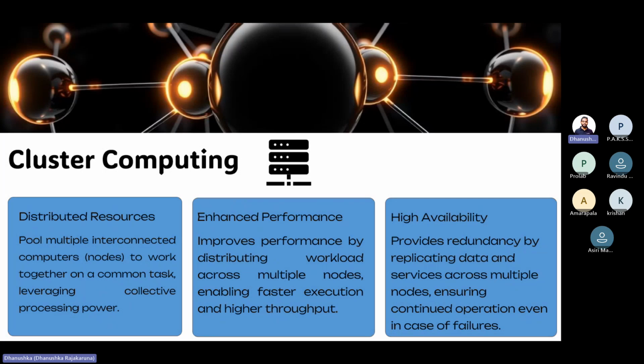Over two clusters, if we need to do something on one cluster, we move all the VMs or all the systems running on cluster A to cluster B, and then we do the maintenance. So any process on cluster A can be done without downtime of the system. How do we do it? We move all the VMs or all the systems to the next available cluster. So it gives high availability.